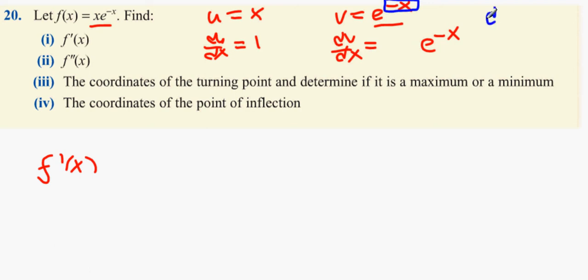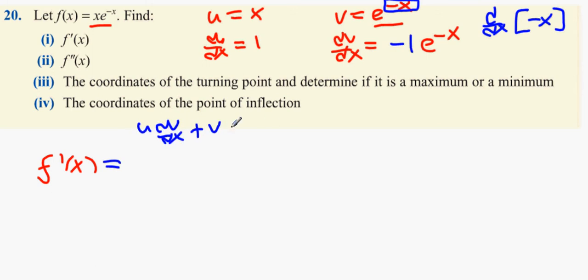So you're going to differentiate minus x, and when you differentiate minus x you get minus 1, so minus 1 e to the minus x.